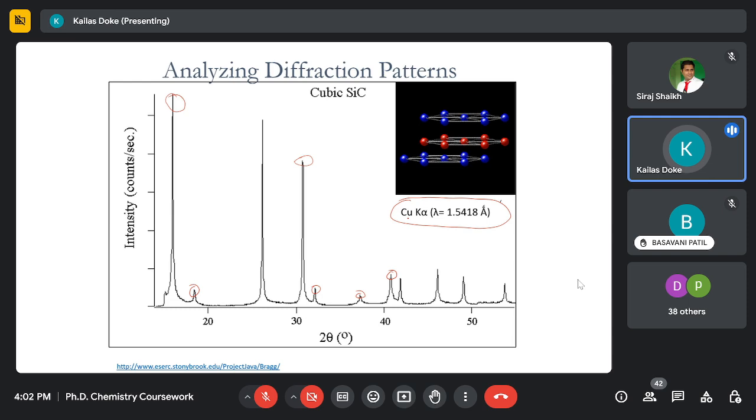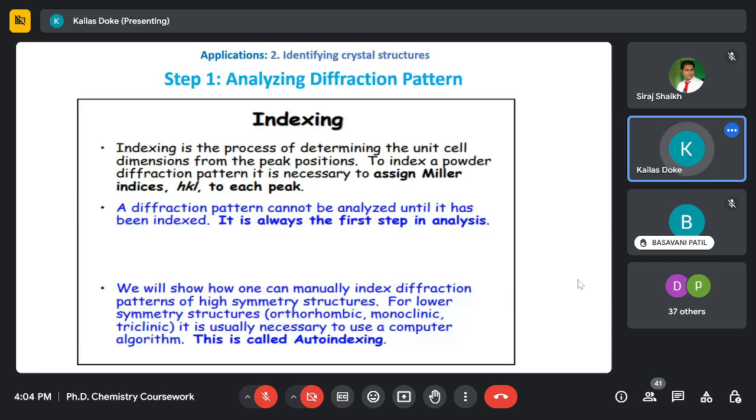Now, to identify the crystal structure, there are various steps and various mathematical calculations you have to do. Many of you in your PG or UG might have analyzed such diffraction patterns. Just as a revision, I'm going to explain one in detail. I will give two exercises.